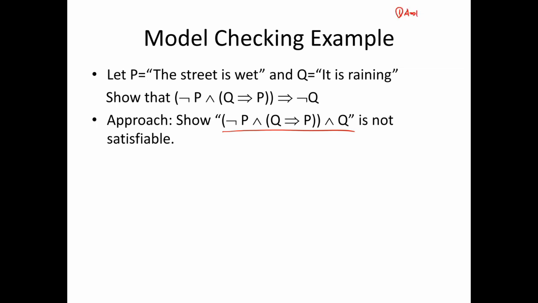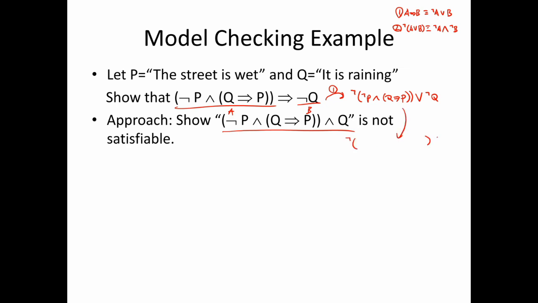One, A implies B is the same as not A or B. And second, the negation of A or B, so not (A or B), is the same as not A and not B. When we use 1, so this is A and this is B, then we get not (not P and Q implies P) or not Q. Suppose we take the negation of that, negation of this whole thing.